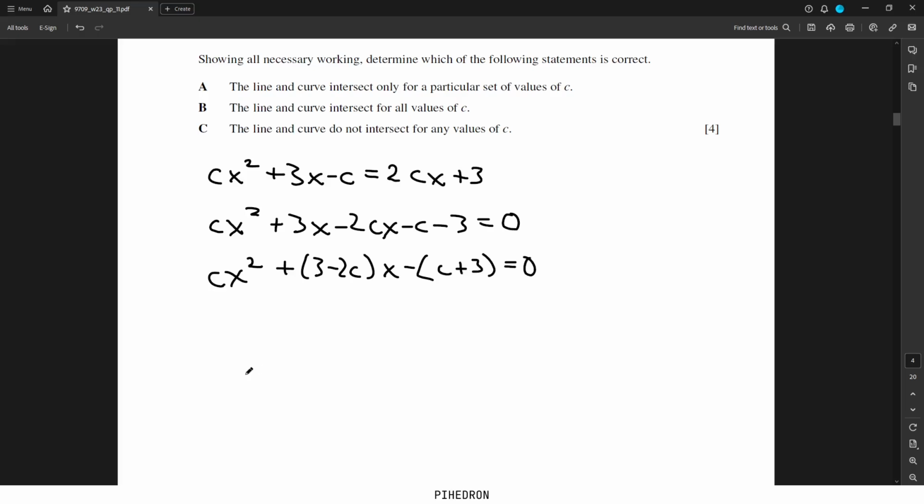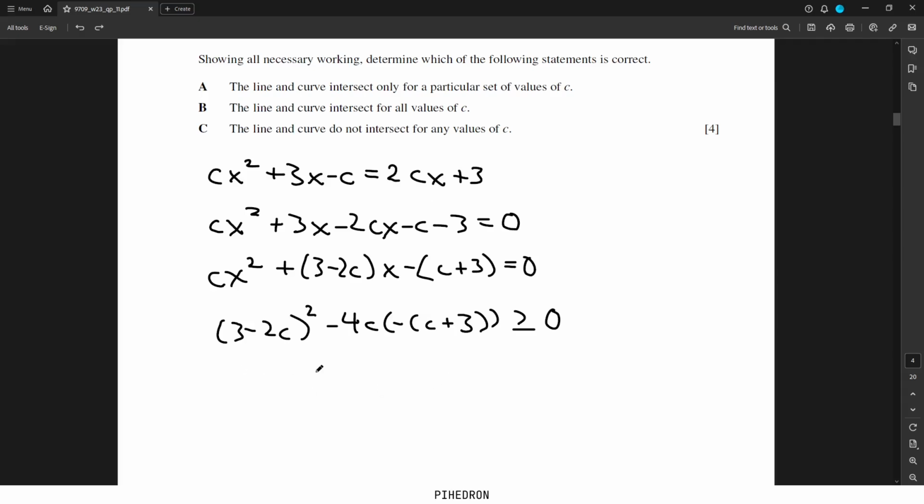So the discriminant of this will be 3 minus 2c squared minus 4 times c times negative c plus 3. And we need to make sure that this is greater than or equal to 0 to check if b is true.